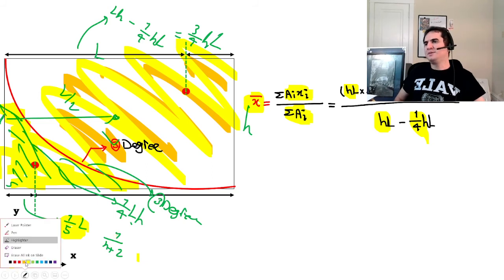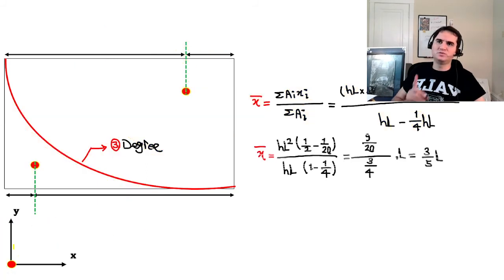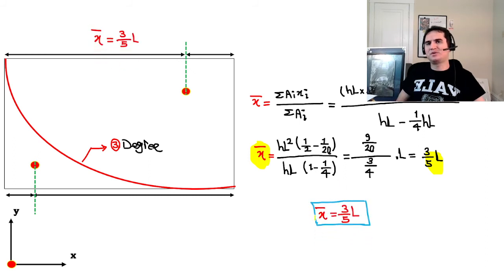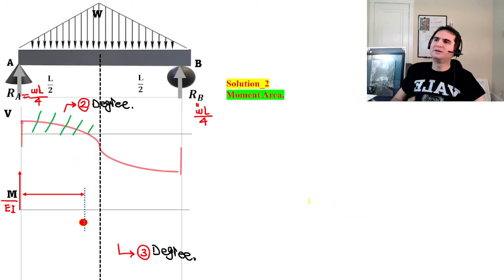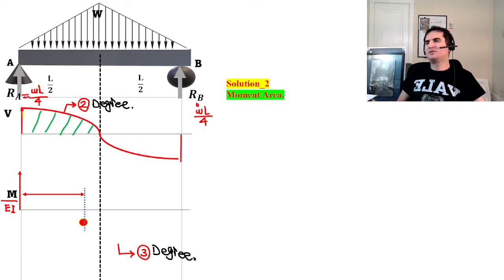If you do the math, it gives you x bar equal to 3 over 5 times the length, and that's x bar. We already calculated the area under the moment. We have x bar. If we come back to our problem, you already know what your moment is.